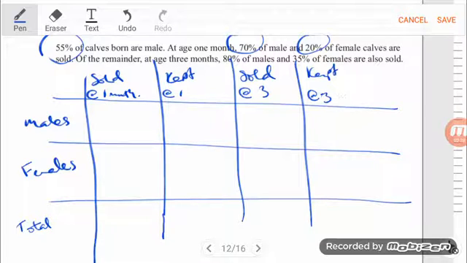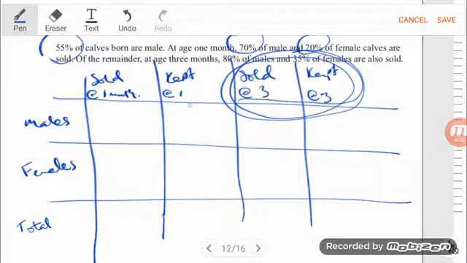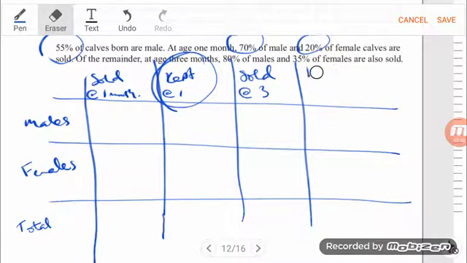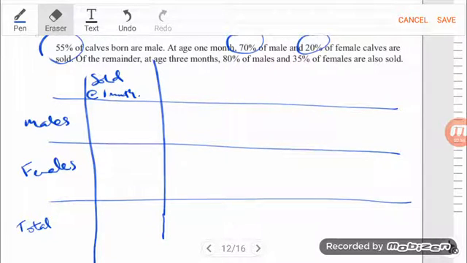However, if we did, these two here are actually made up of the ones kept at 1 month. So if we came to do the totals, we would actually end up doubling up on ourselves and the totals would not add up. So what we're going to do is not include kept at 1 month, because they are automatically included in the ones sold and kept at 3 months.